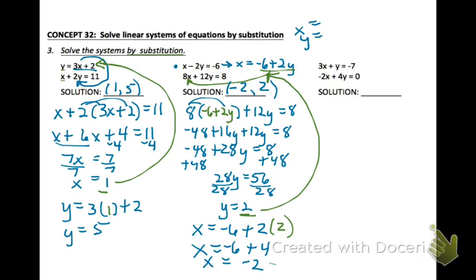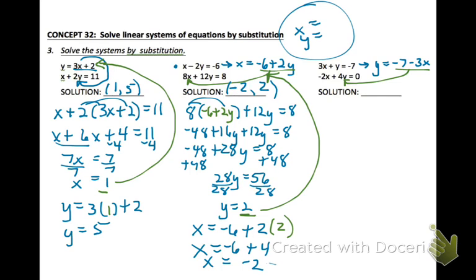Finally, my third one, again, I look to see if either equation is either in x equals or y equals form. And if not, I just rearrange one of them. So the first one is going to be easiest because I'm just going to subtract my 3x from both sides. So I'll take -7 minus 3x and plug it in right there.